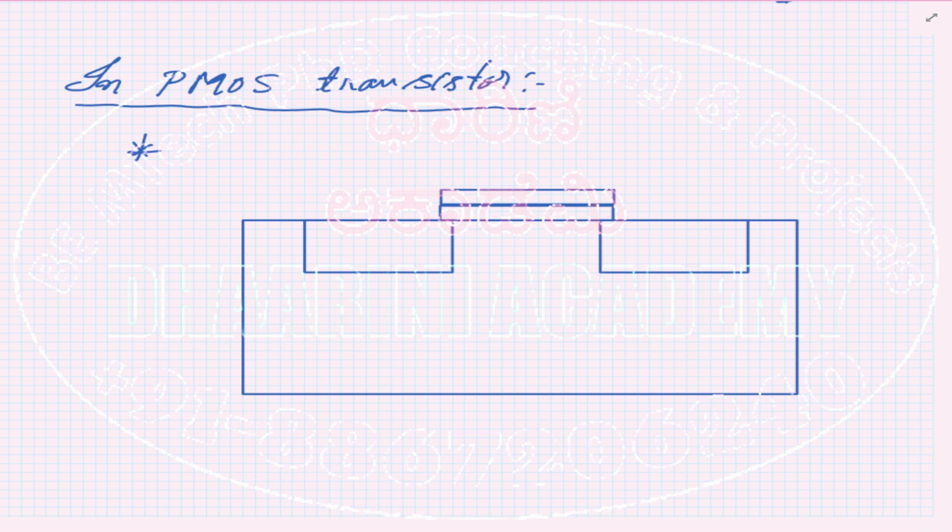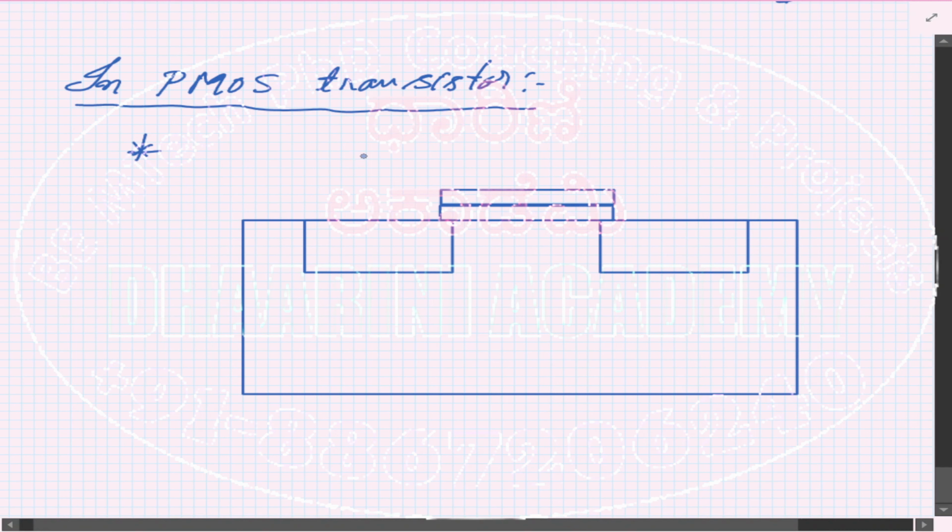Now let me make the connections. We know that this is the source terminal, this is the drain terminal, and this is the gate.